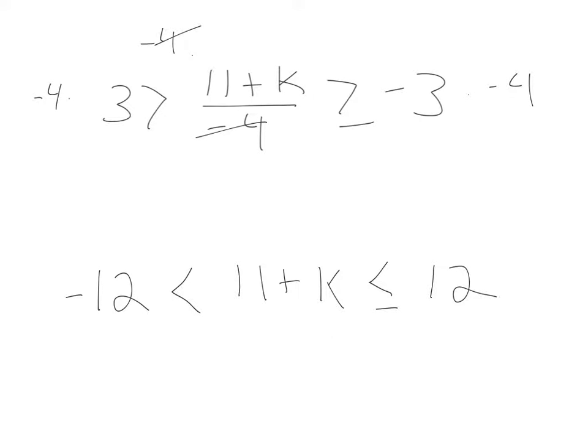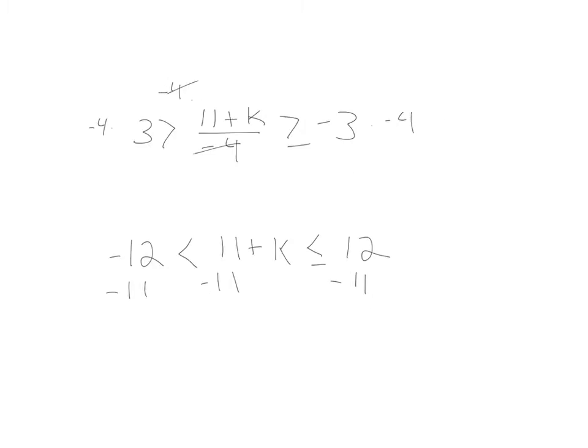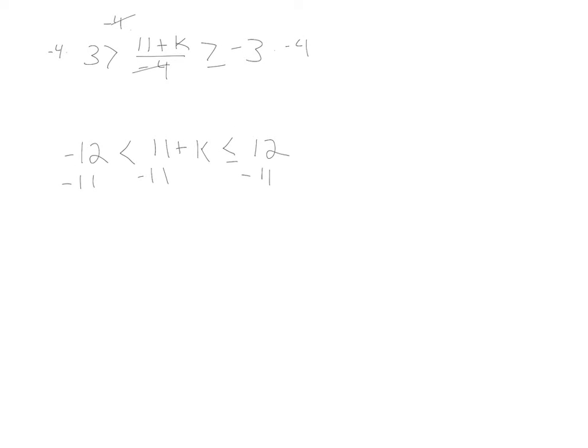So really, it's the same process as we did with just a normal inequality, except that you flip both signs. And then we subtract 11 from everywhere. And we get negative 23 is less than k, which is less than or equal to 1.